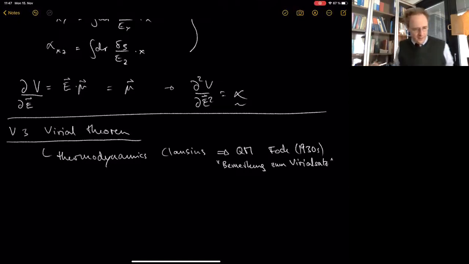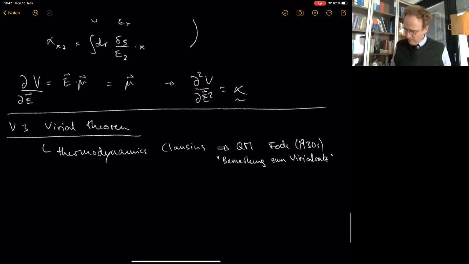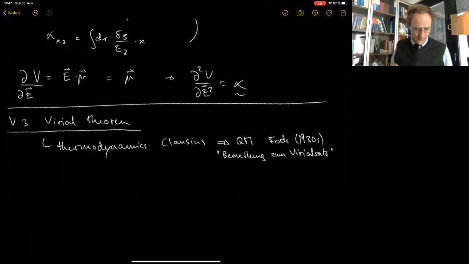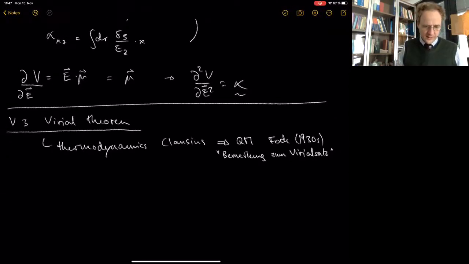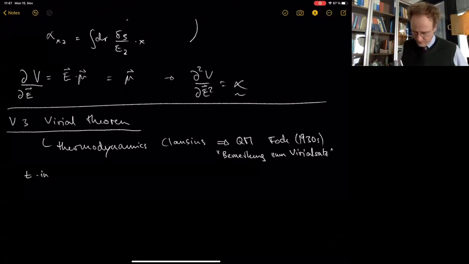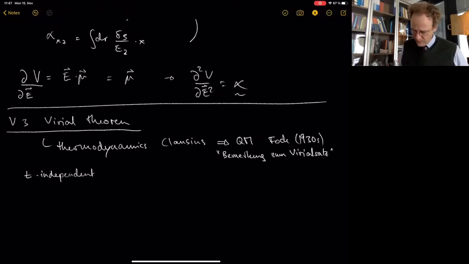Now, we will base our things on the time-independent Schrödinger equation.